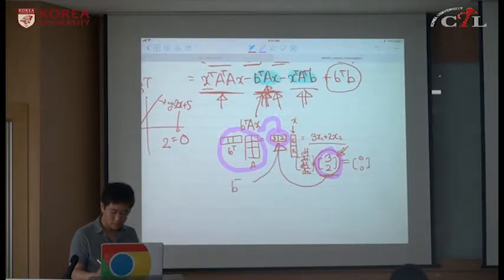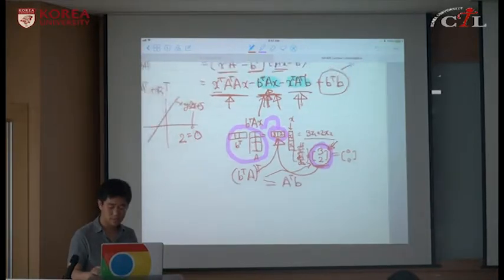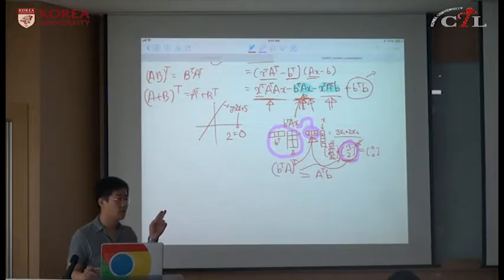This row vector is B transpose A, and that is simply transposed into a column vector. That is our gradient. So this guy's gradient, the transpose, which is A transpose B, that is our gradient. A transpose B.